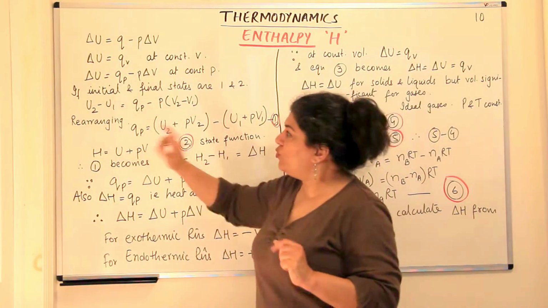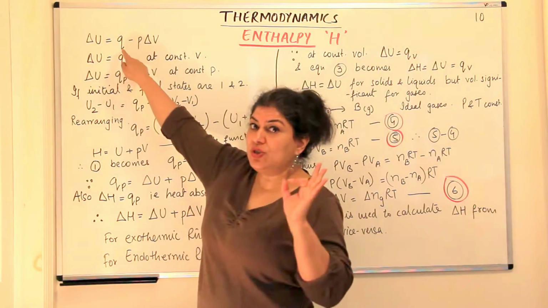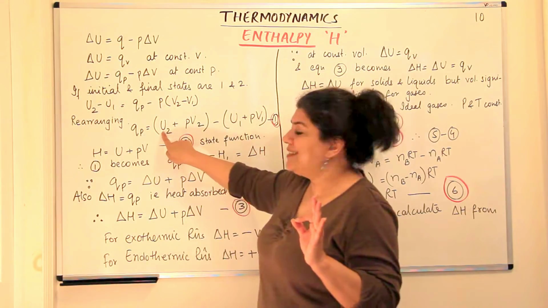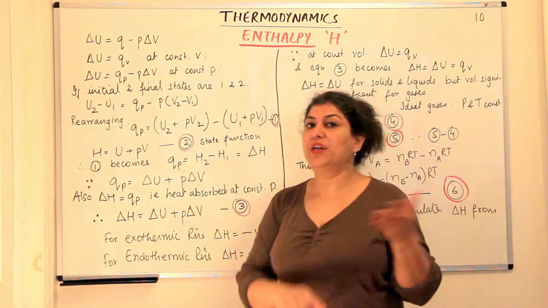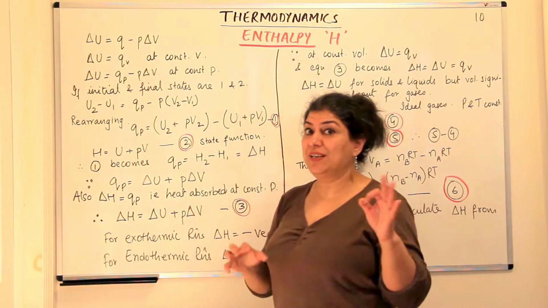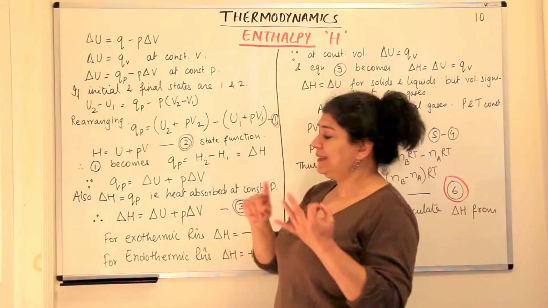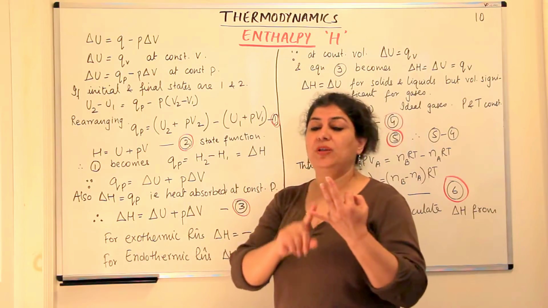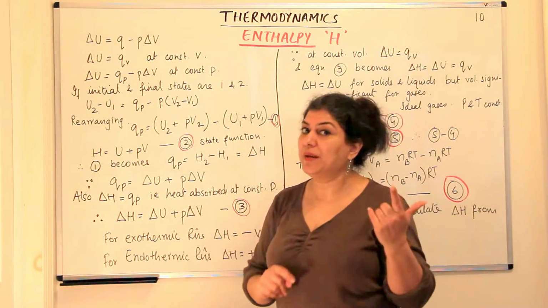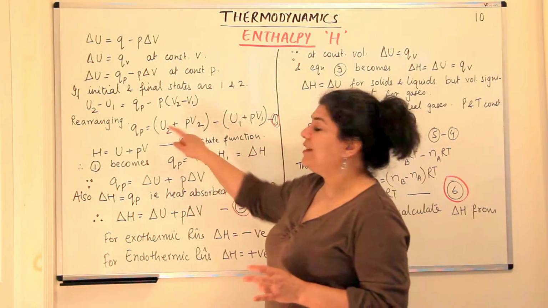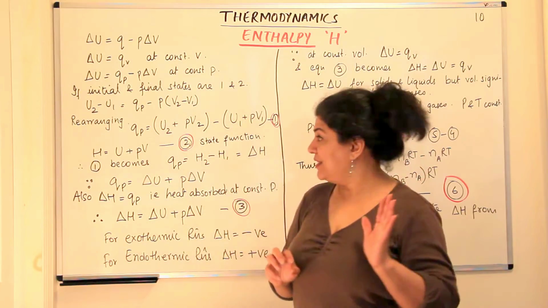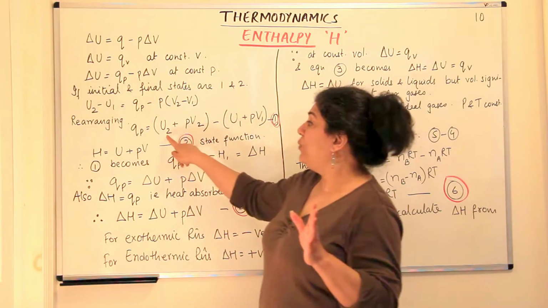Although Q by itself is not a state function, internal energy we know is a state function, and pressure, volume, temperature we already know are state functions. We did in the states of matter that the gaseous state depends on the pressure, volume, temperature and number of moles. So pressure and volume are already state functions. Internal energy as a state function we've already studied in the previous videos.